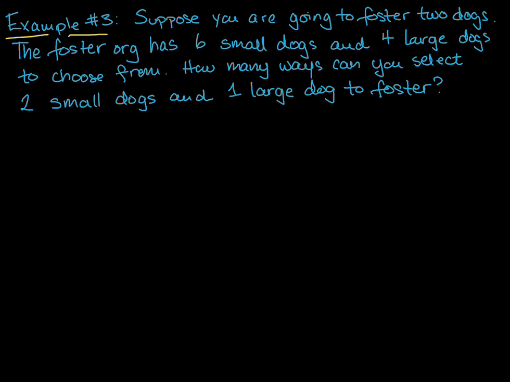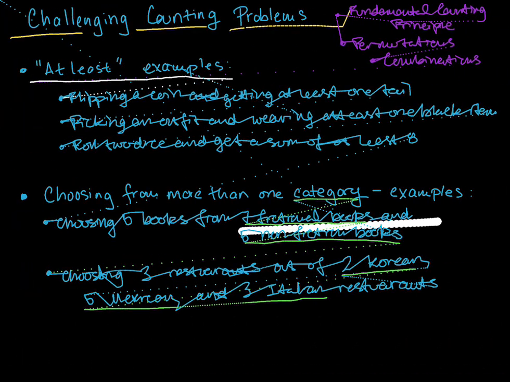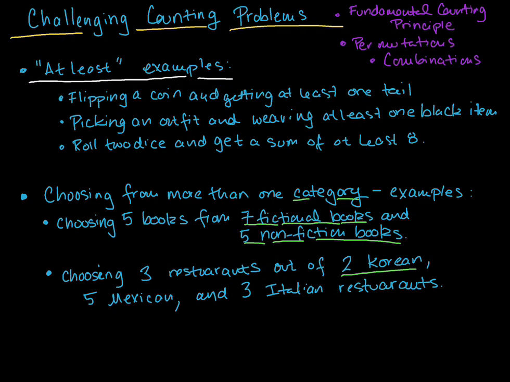All right, so this is the second video with examples of more complicated counting problems. In the last video, we looked at a couple of examples where we're looking for at least a certain number of outcomes of a certain type.